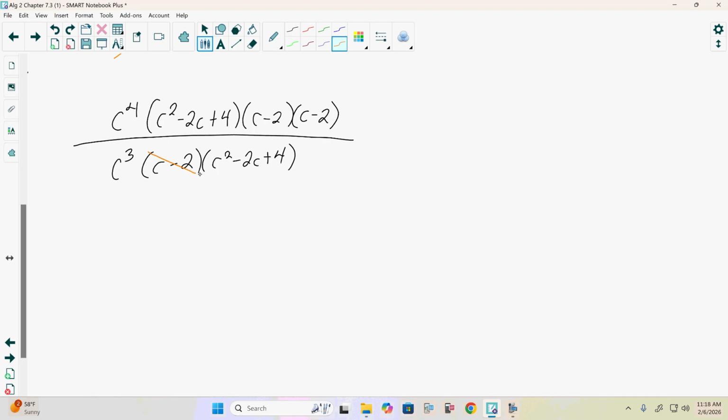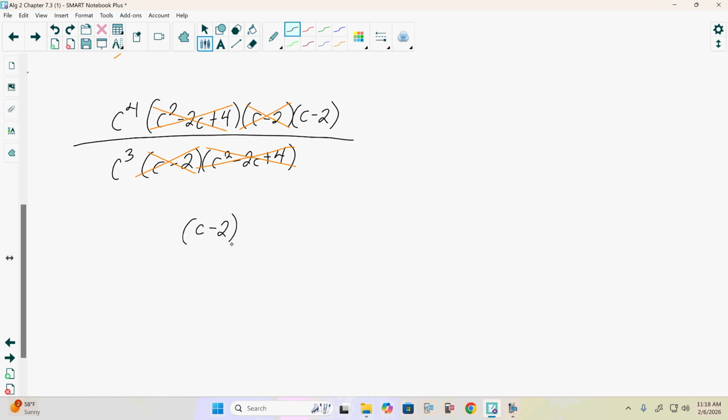Because at this point here, c minus 2 and the c minus 2 would cancel. Our c squared minus 2c plus 4 will simplify with our c squared minus 2c plus 4. In terms of parentheses, that simplifies everything out, and the only thing left parentheses-wise is c minus 2.